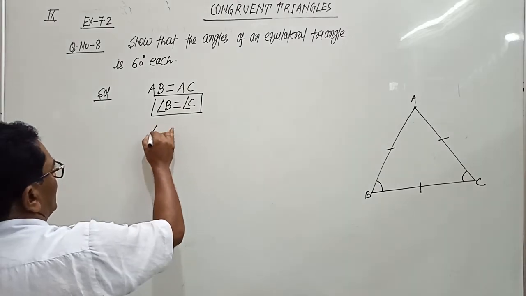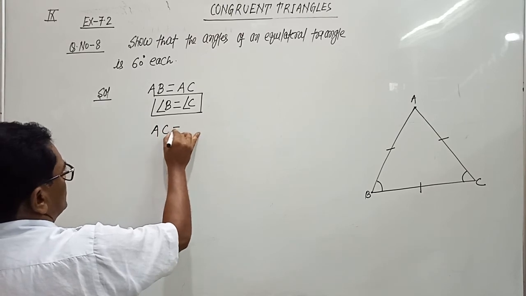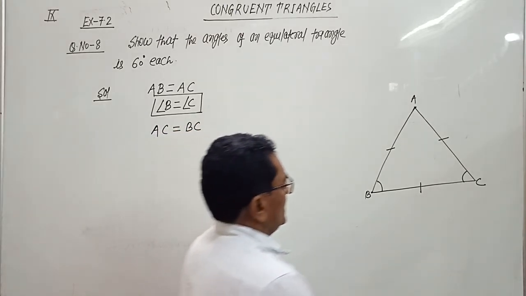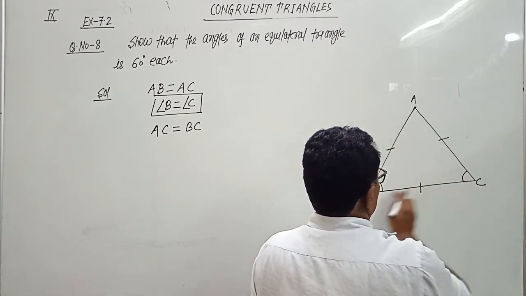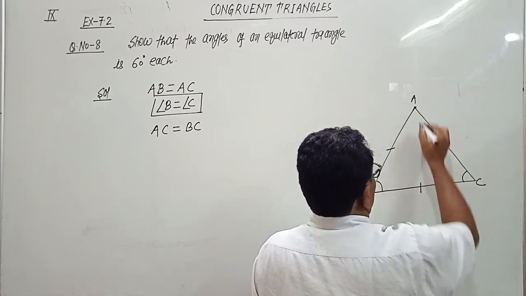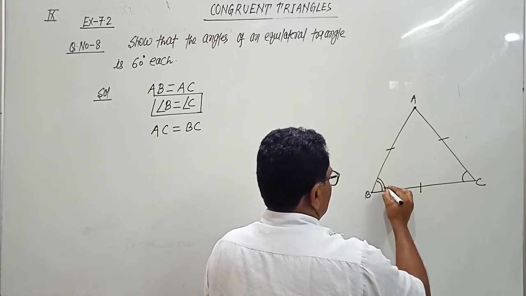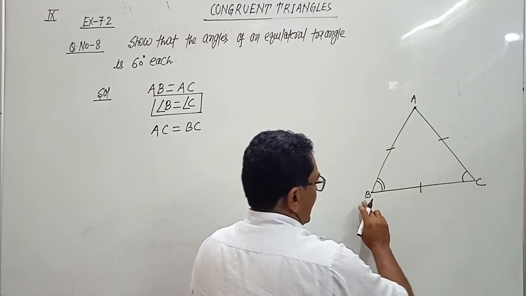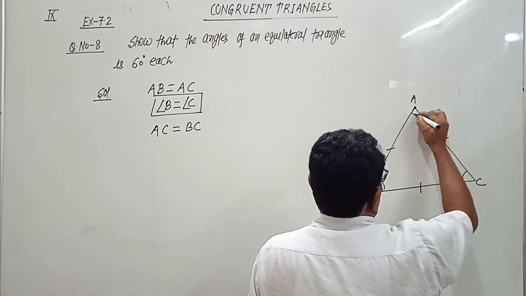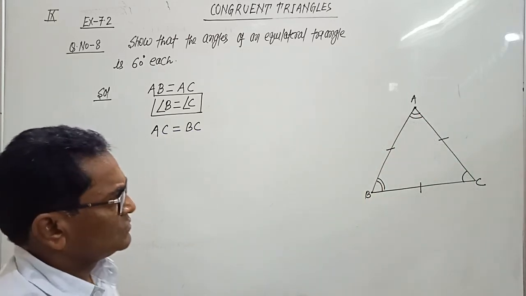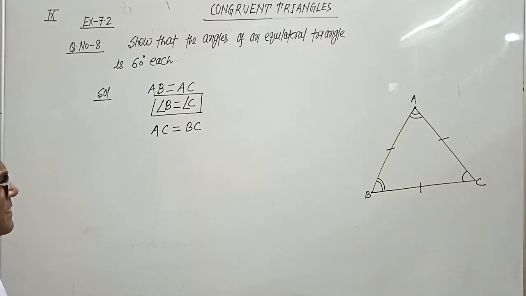Now AC is also equal to BC. It means the angle opposite to side AC is angle B, and the angle opposite to side BC is angle A. So these two angles will also be equal.